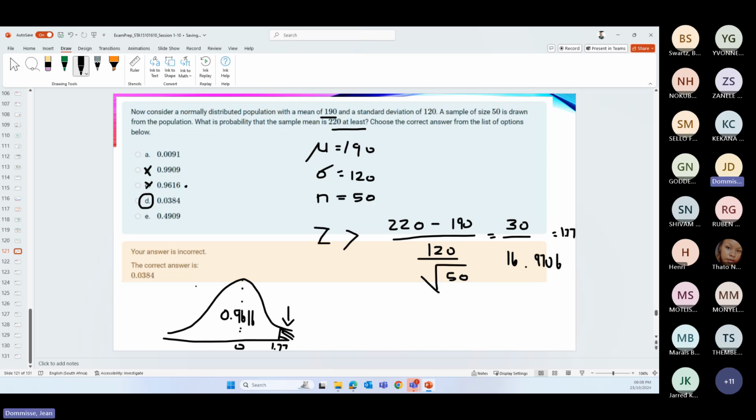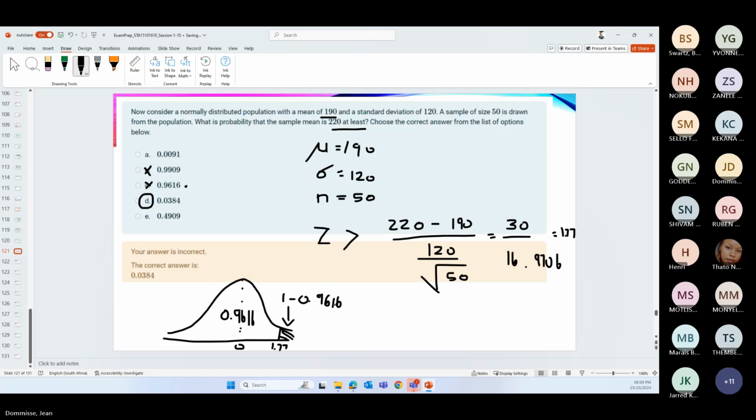So if you made the mistake of reading the at least as at most or something like that, but now we get to that small area is to say 1 minus the 0.9616. So if you wanted to use the positive table, that is how you would be able to work that out as well.